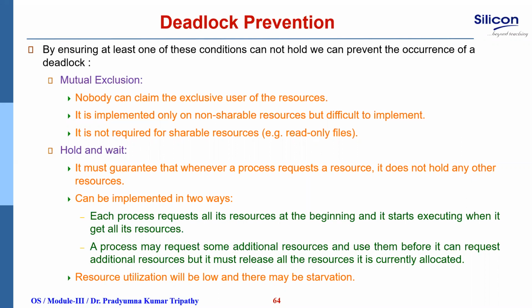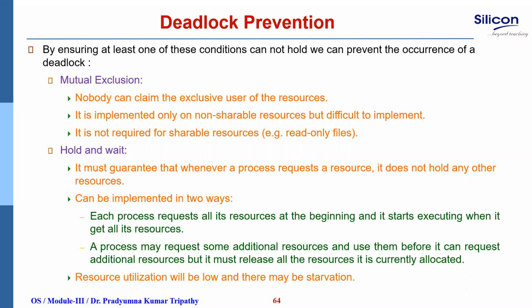Another way of saying it is that a process can only start its execution when all its resources are available. If all resources are available, it will start execution. If not available, it is just in waiting state. Otherwise, if some of the resources are available while others it is not getting, it comes under hold and wait.